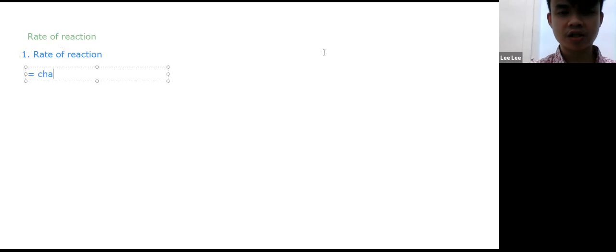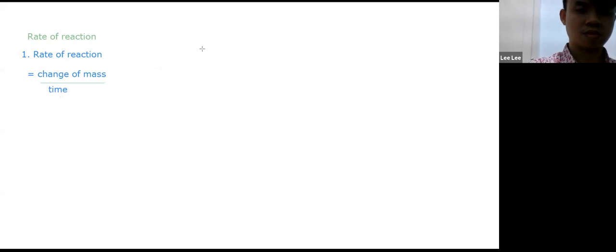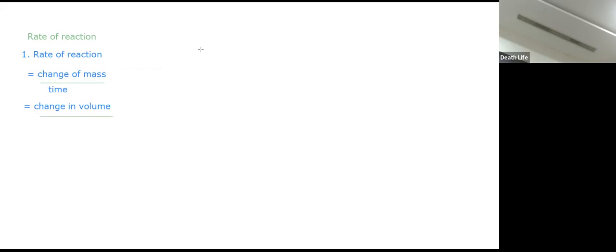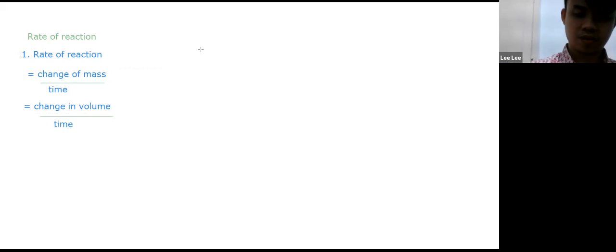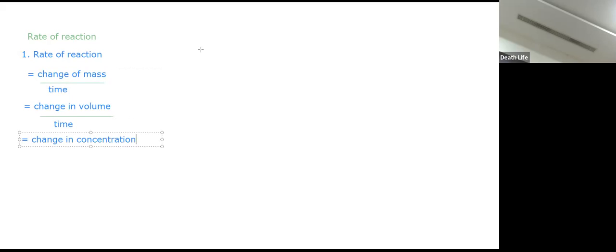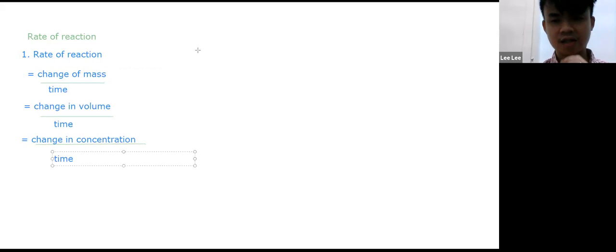The first one is you can take the change of mass and divide it by time, or it could be the change in volume and divide it by time, or the change in density, or the change in concentration, and divide it by time. So there are a lot of methods to find the rate of reaction itself.